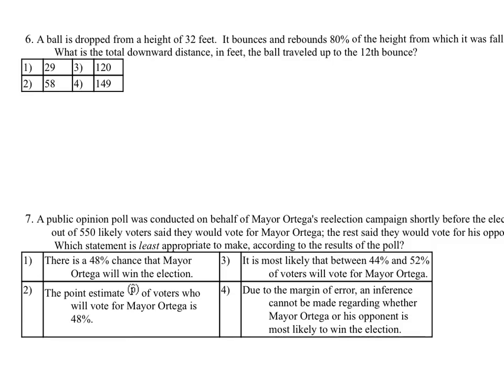For number 6, remember that the formula for the total, because this is asking for the total downward distance, would be S sub n equals a sub 1, that's the first term, minus a sub 1 times r to the n, and it's all over 1 minus r.